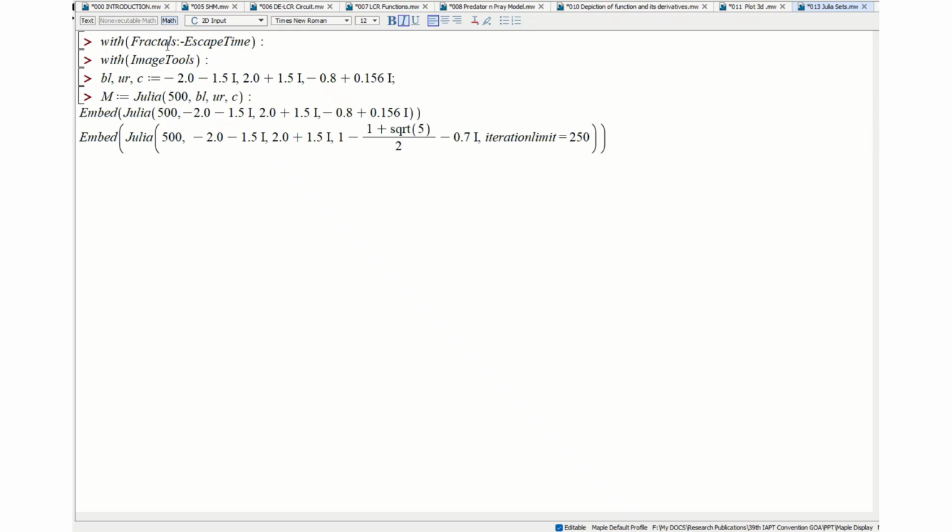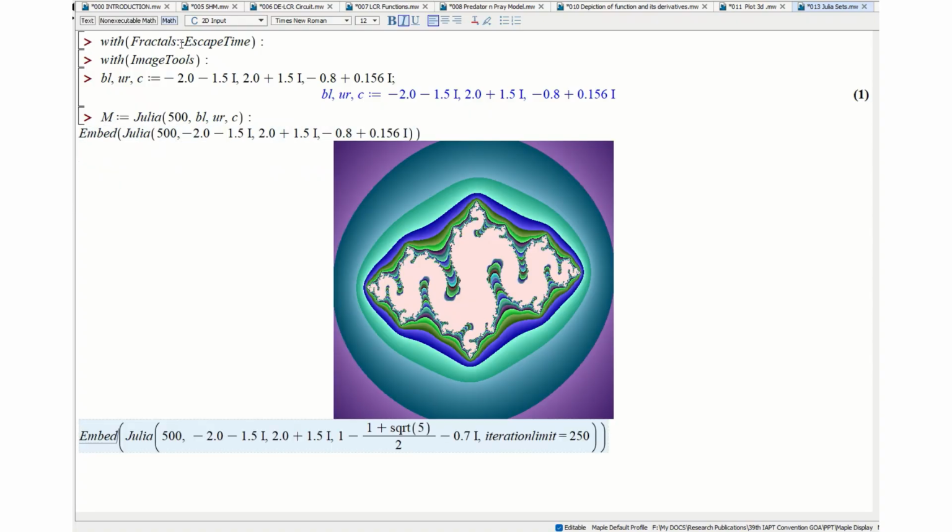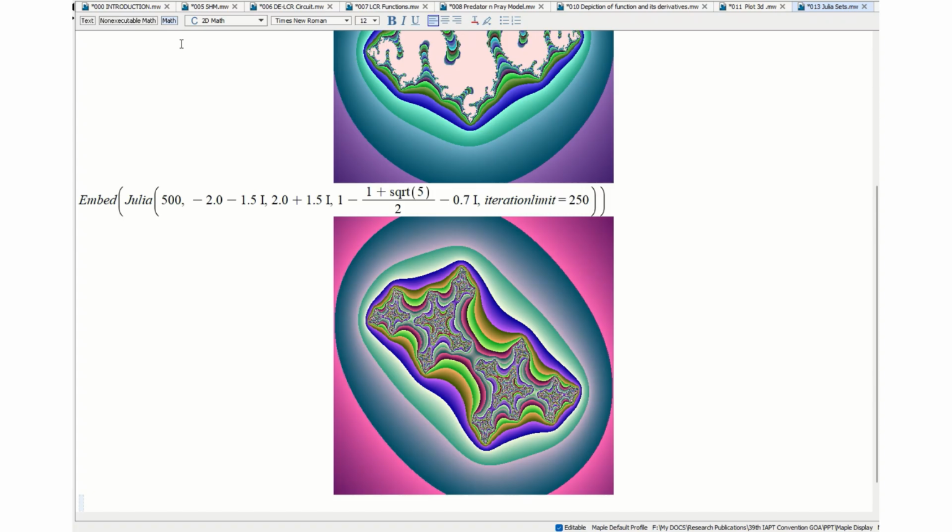In complex numbers, we generate Julia sets, and these Julia sets offer a very interesting diagram which is generated using Maple.